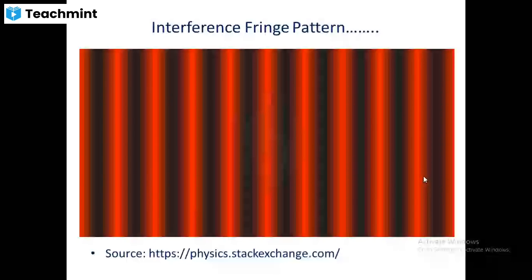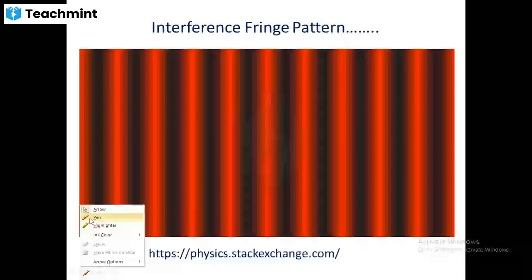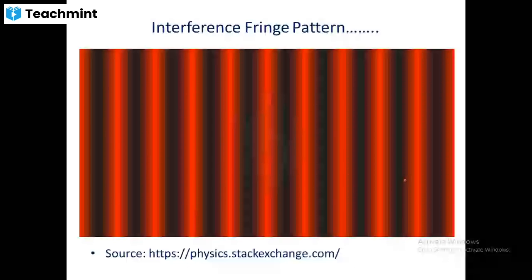I don't know how many of you are familiar with these things, or have come across them. This is exactly the interference pattern we obtain in the laboratory. When we do the experiments in the lab, this is the kind of fringe pattern we observe. As you can see, there is red light, and in between the red light we have a black color.